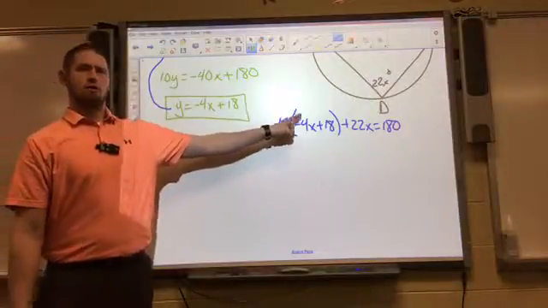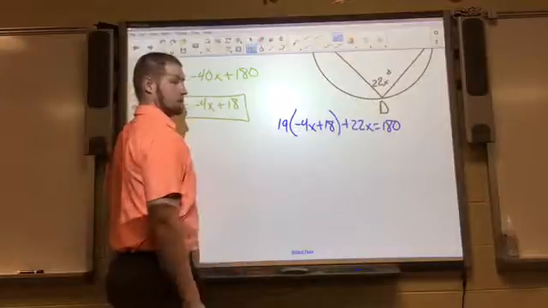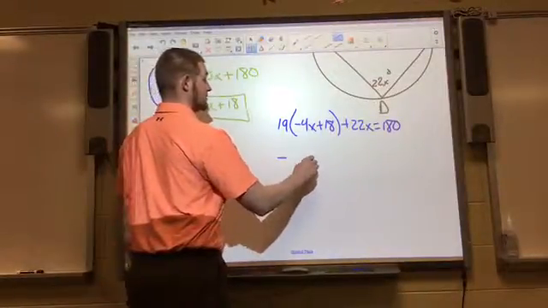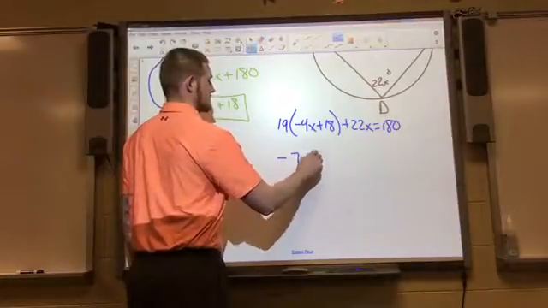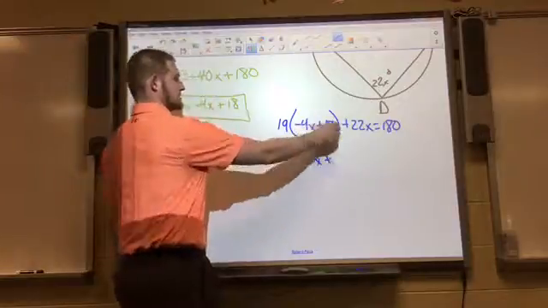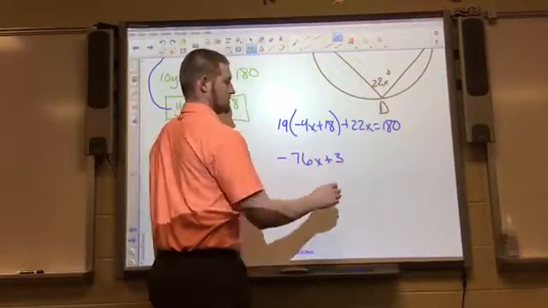What do I do here? Distribute, good. 19 times negative 4 is negative what? 76, good. x, right? Plus 19 times 18 is, what is it, 342?